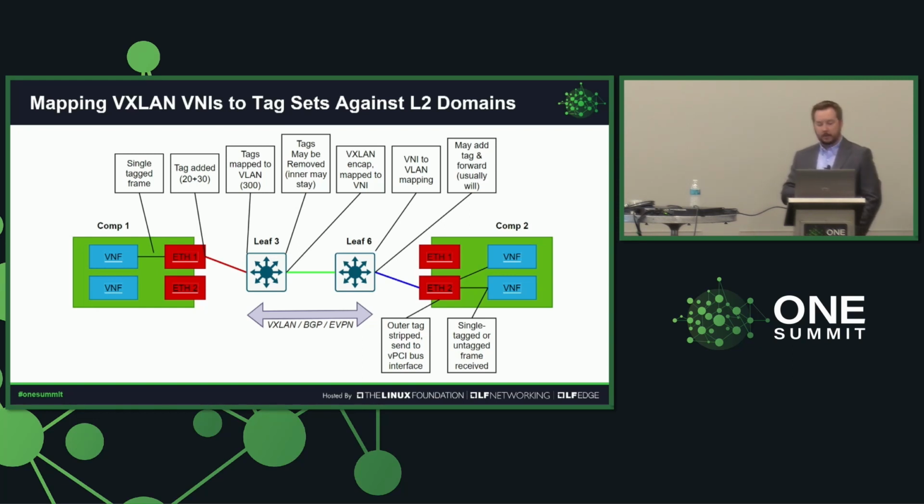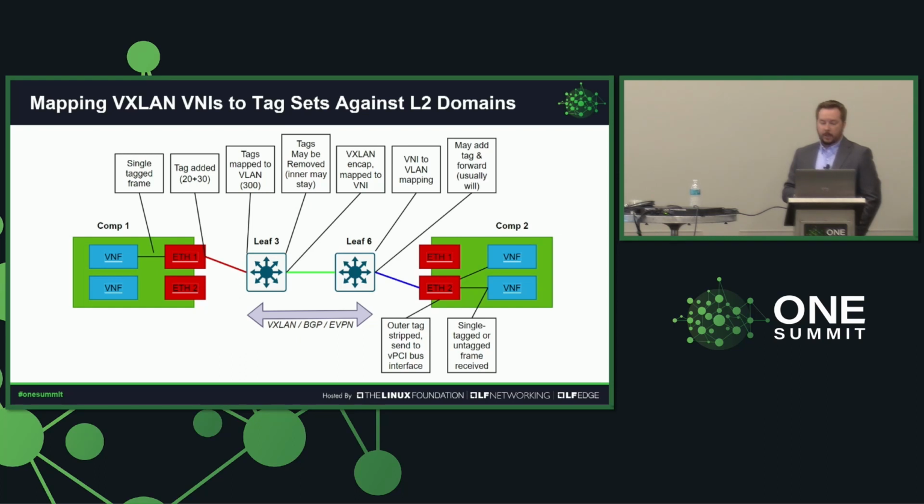That pair of tags, per the rule within the switch, is mapped to VLAN 300, a single VLAN tag. And in this case, that's really a named bridge. So we're creatively using that named bridging concept. That is then sent into the VXLAN overlay between leaf 3 and leaf 6, traditionally over spine, not depicted here.